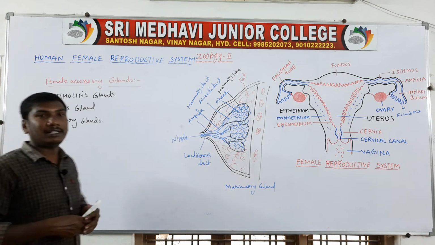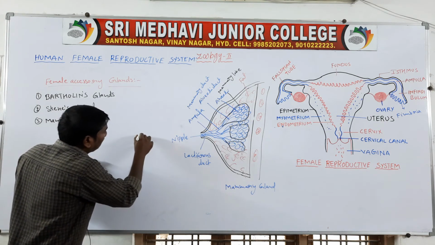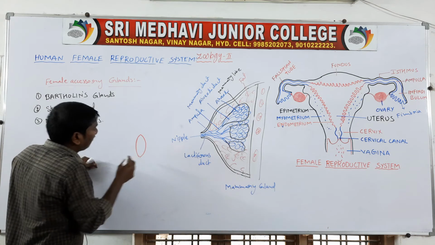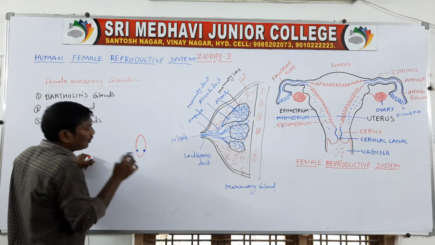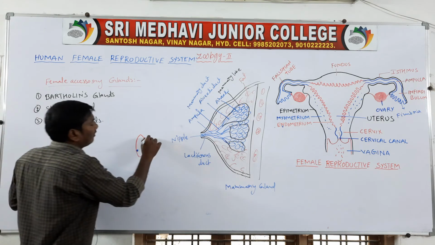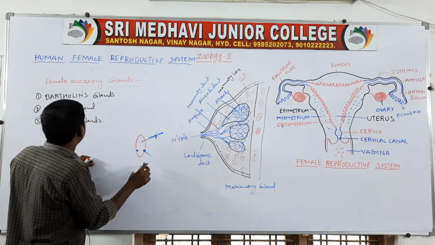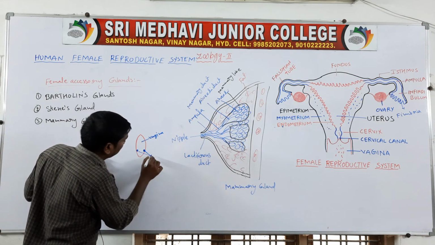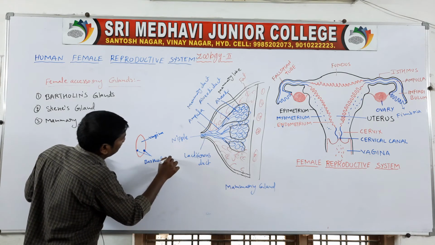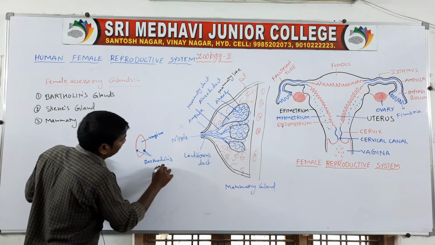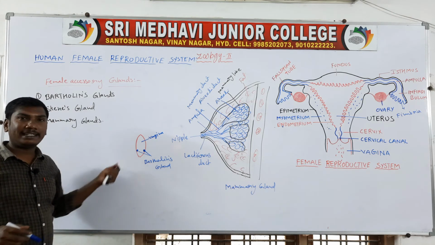First, the Bartholin glands are present on the posterior side of the vagina, on the left and right sides.